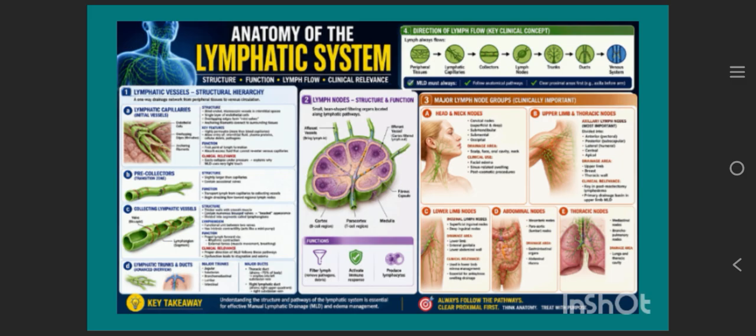The major trunks are jugular, subclavian, bronchomediastinal, lumbar and intestinal. These five are the major trunks, and the major ducts are the thoracic duct and the right lymphatic duct.